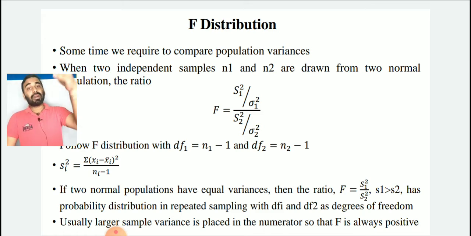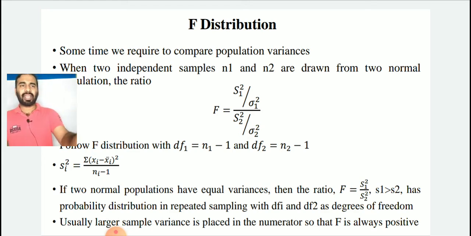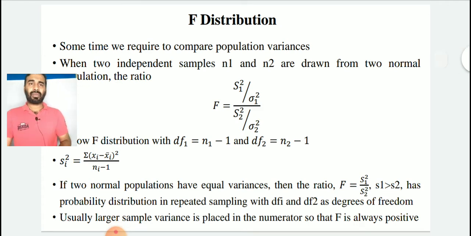What will be in the numerator is determined by the sample variance. Whichever has the largest sample variance should come in the numerator. The smaller variance sample should become the denominator. Clear? Yes.